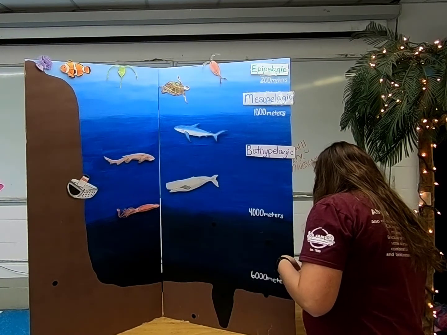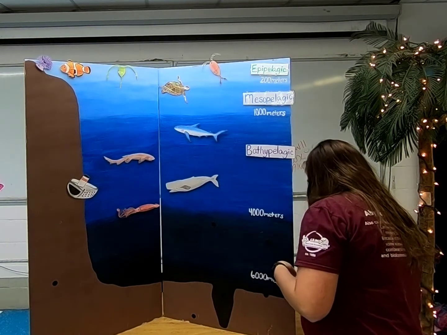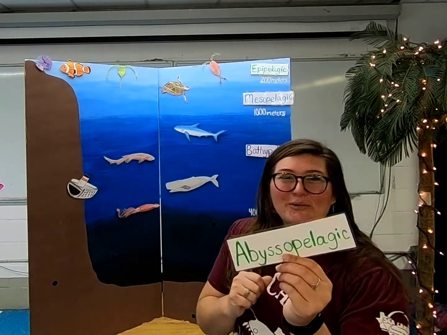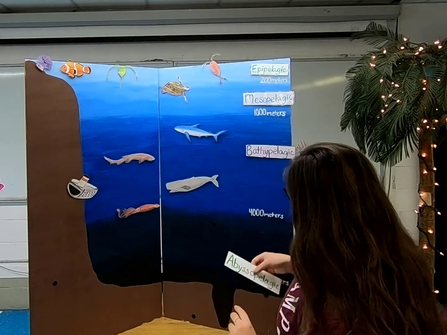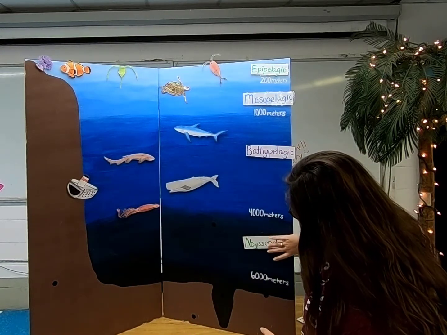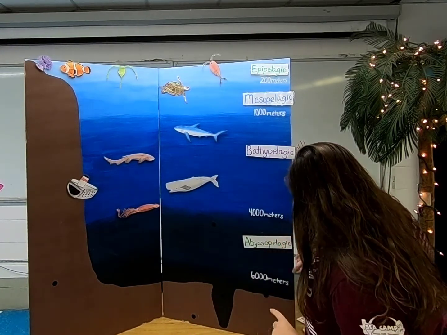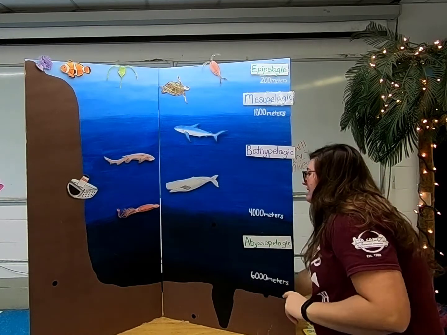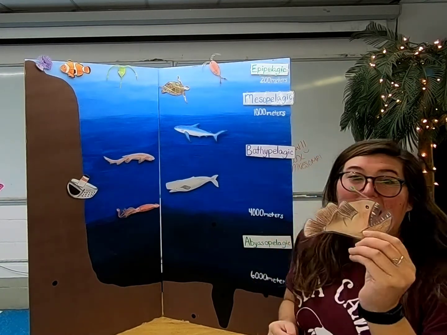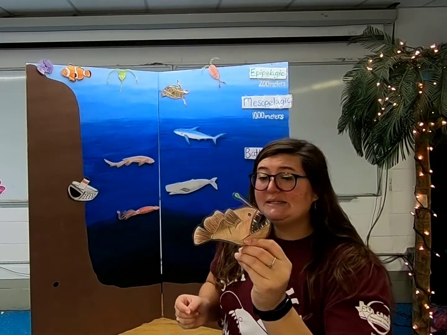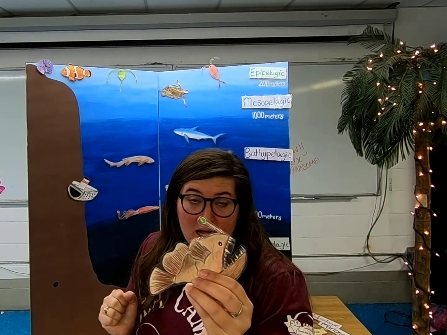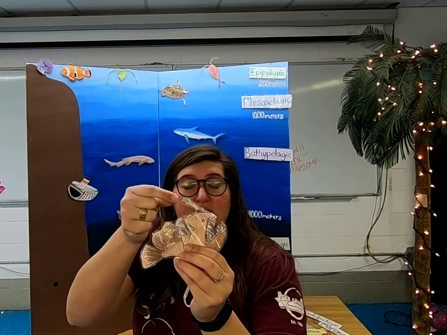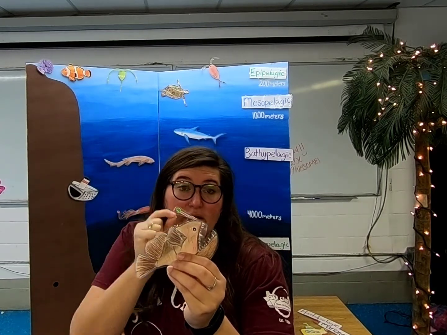So our next zone of the ocean is our Abyssopelagic Zone. Our Abyssopelagic Zone is called the Abyss. Pretty easy. And in the Abyss, it goes to about 6,000 meters. And this is where our famous anglerfish will reside. So they are the ones that use bioluminescence to be able to trick and attract their prey with this bioluminescing angler at the top.